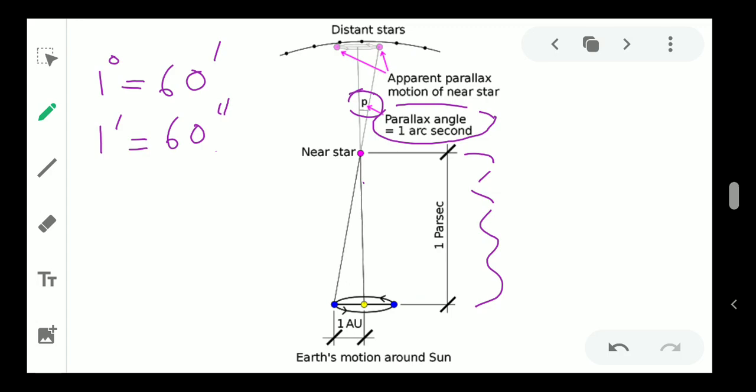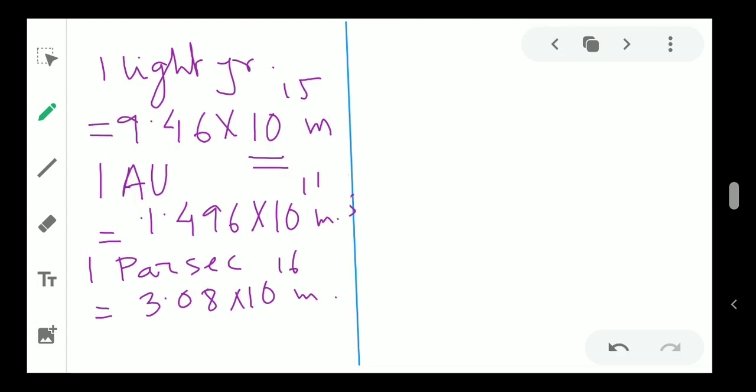So that distance for which that parallax angle becomes 1 arc second is called 1 parsec. Now you understand, how to define 1 parsec? 1 parsec is the distance of a star or an object for which the angle subtended, or the parallax angle, will be 1 arc second. Okay, so this is your 1 parsec, and this is a little bit important. So you have to learn the definition, sometimes it may come.